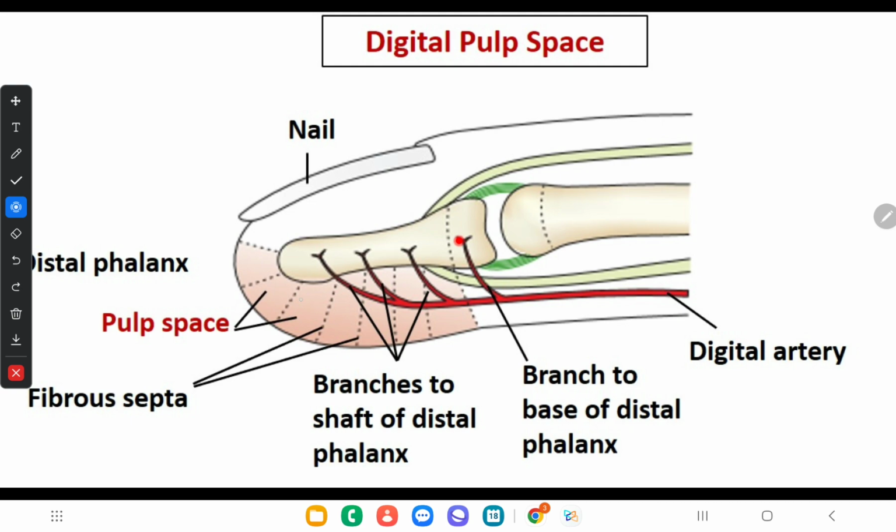Therefore, if an infection occurs in those pulp spaces, this part of the artery can be thrombosed. It may result in necrosis of the diaphysis of the bone because of the thrombosis of this artery. But the base of the distal phalanx is supplied before the artery goes through the pulp spaces. Therefore, it is intact, and the base of the distal phalanx does not become necrosed.